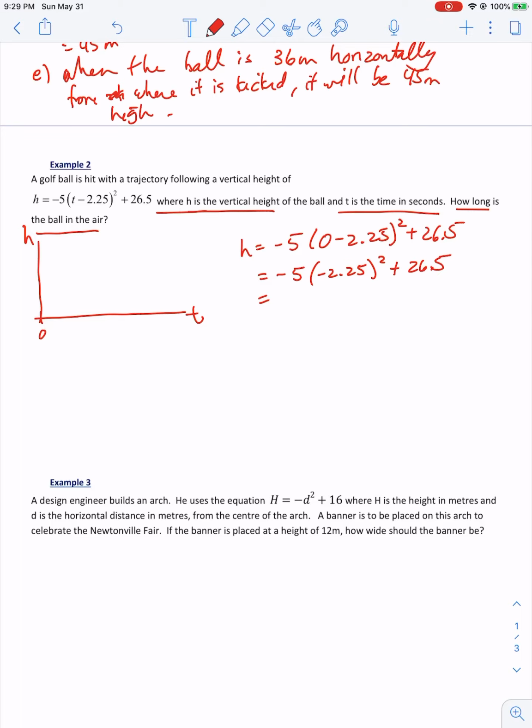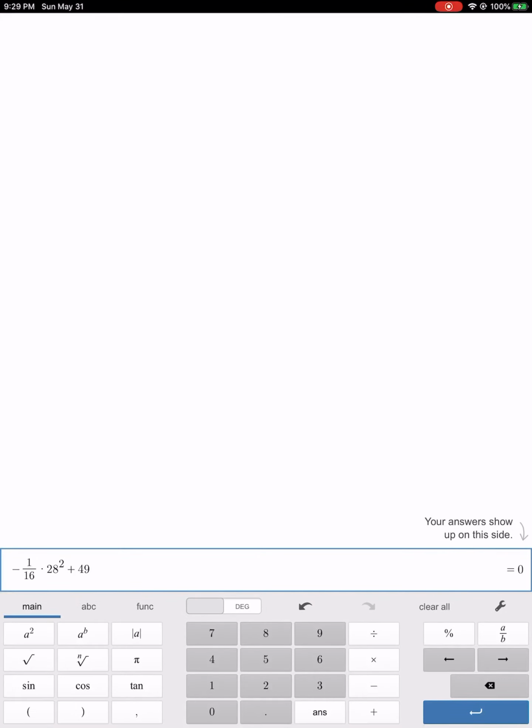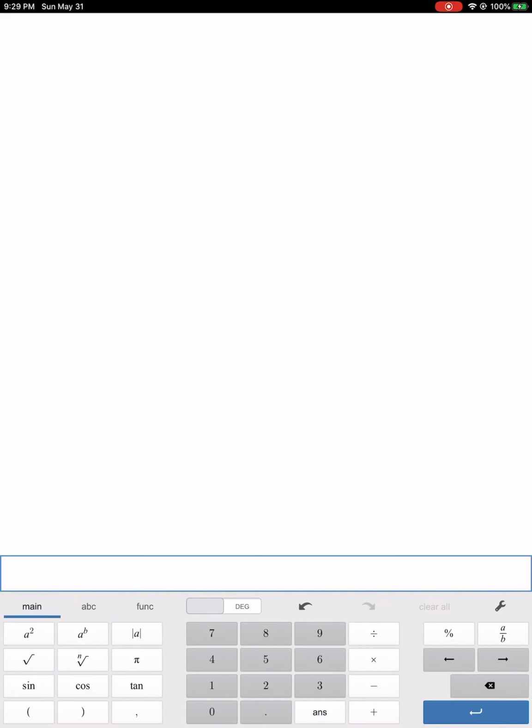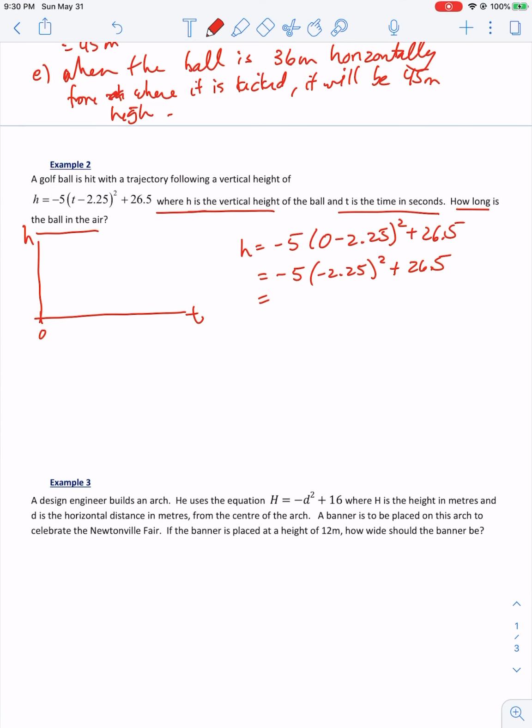So let's just take a look at, so let's clear this. So negative 5 times 2.25 squared, and then plus 26.5. Do I have my numbers right? I think so. 1.1875. Let me just see.